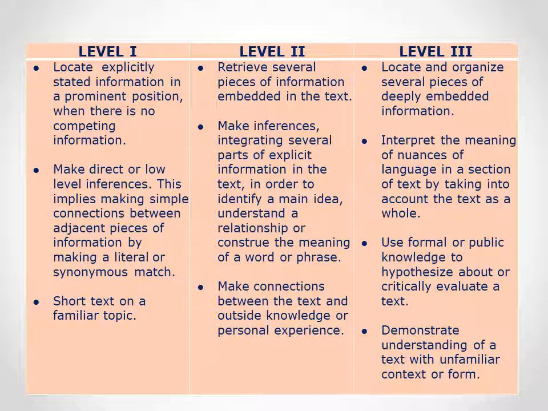That is, this group of students achieved level 1. Others could do this and also retrieve several pieces of information embedded in the text. So these students could be assigned to level 2. And another group of students could also add the capacity to locate and organize several pieces of deeply embedded information, thus going to level 3.